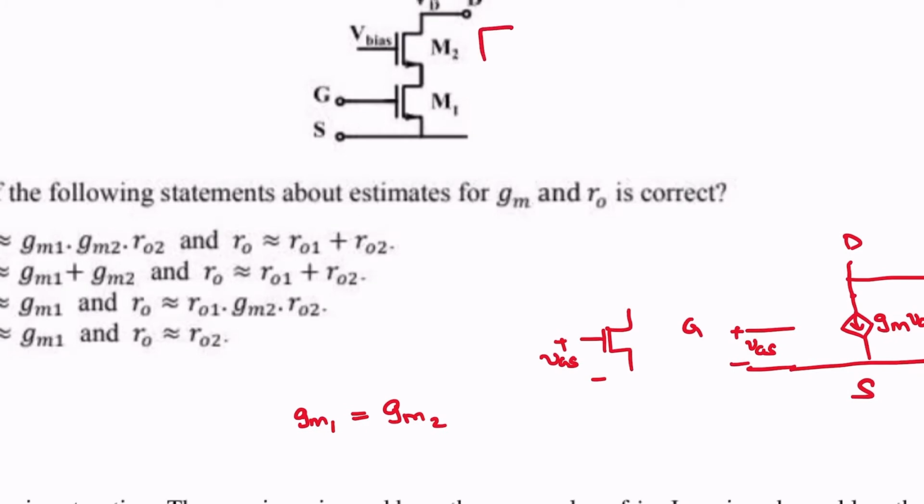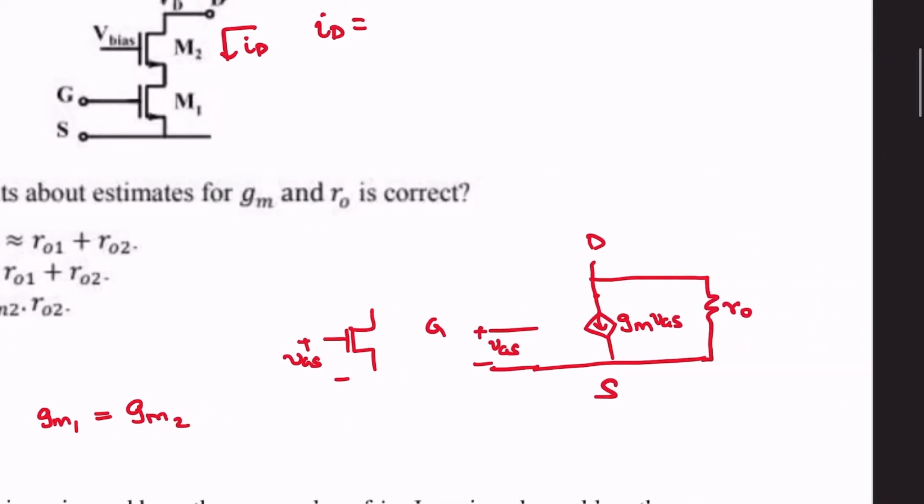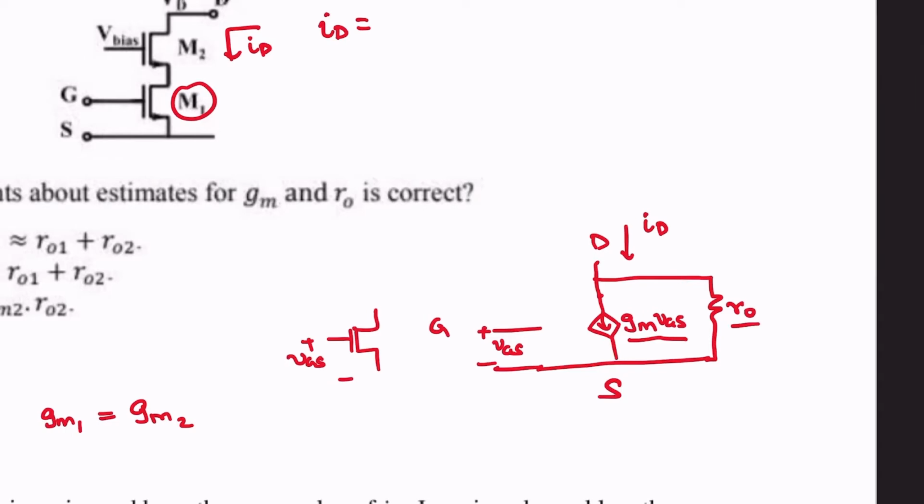So the current ID can be given as follows. If you see the current ID flowing through the M1 transistor, it will be gm VGS of M1 plus VDS of M1 divided by r0, right?